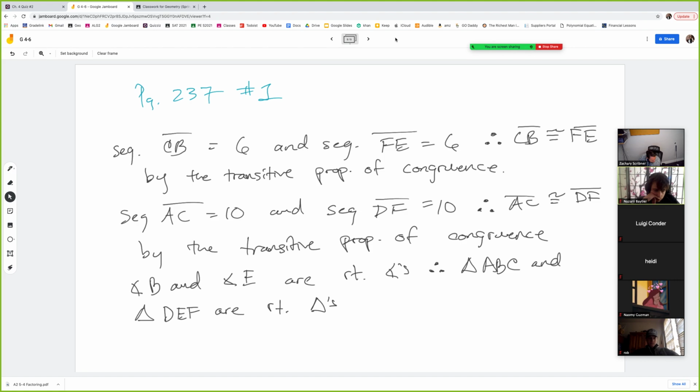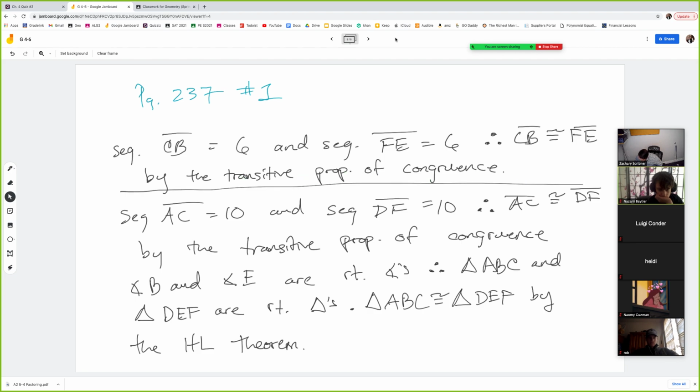Then you can say that triangle ABC is congruent to triangle DEF by the HL theorem. Okay, so basically we're just writing out. Now generally I won't give you guys questions like this on the test or anything like that, but it is important that you guys understand. I basically just separated a statement and reason into different sections, okay? Into 3 different sections.